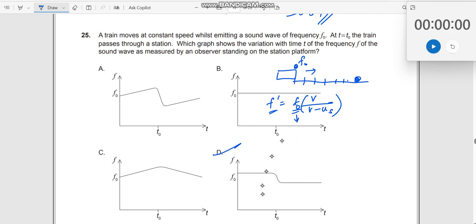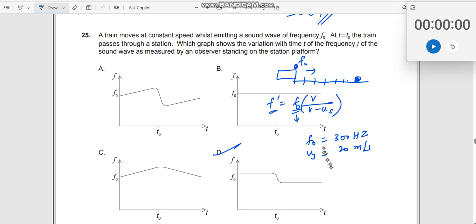The frequency which the observer at this point will hear is f dash is equal to f0 into v divided by v minus u source. Let us take some example: f0 is equal to 300 hertz, and u source is equal to 20 meters per second. The train is moving towards you at 20 meters per second.